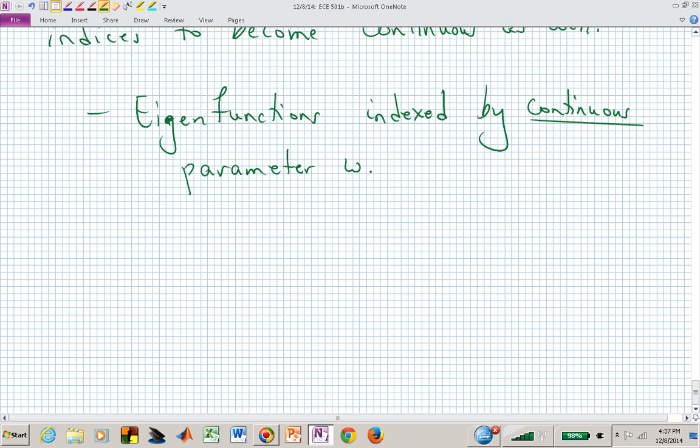And we could now think of this block diagram again. Let me just call this our linear time invariant system.